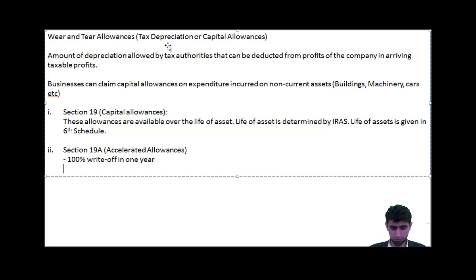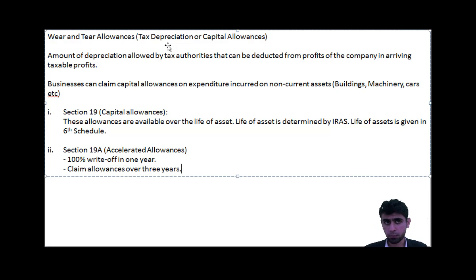Then you have another concession, another choice. Businesses can claim allowances over 3 years. No matter what the life of the asset is, businesses can claim allowances over 3 years. So that's also a greater amount of capital allowance available to the businesses.